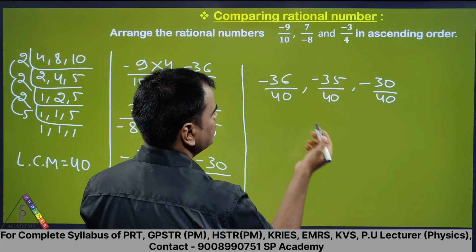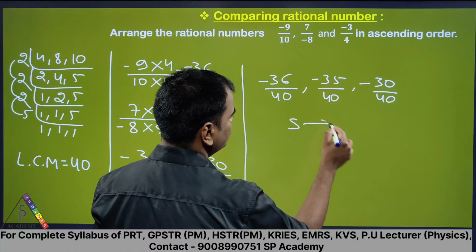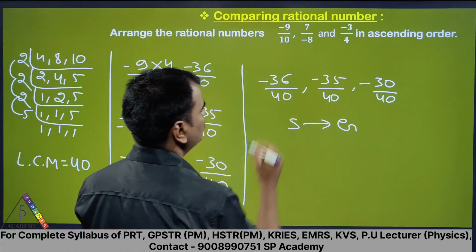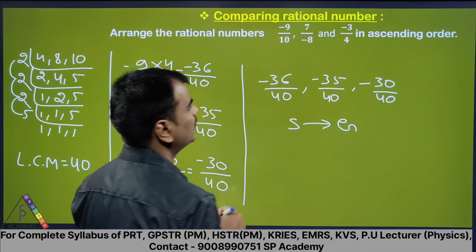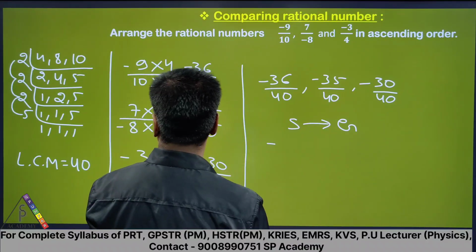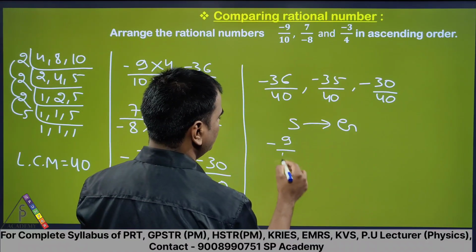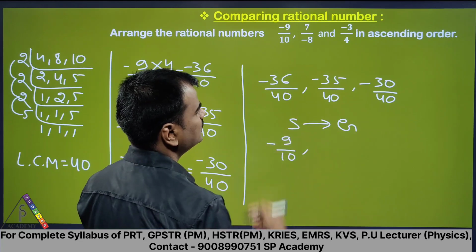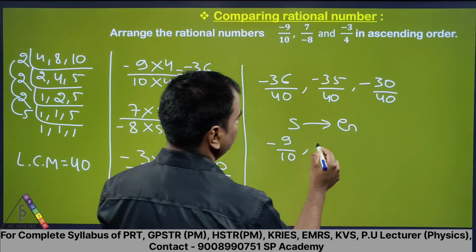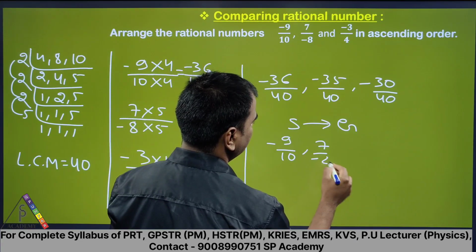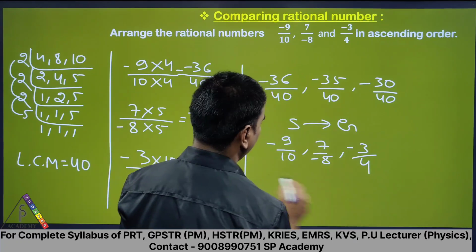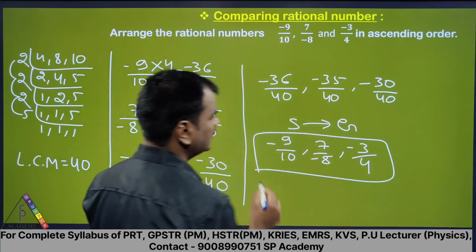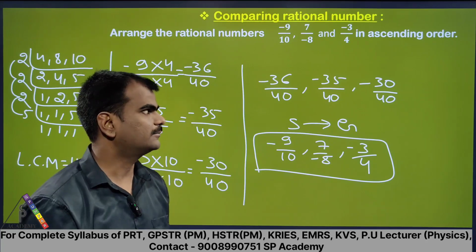In ascending order, minus 36 by 40 is the lowest number, that is minus 9 by 10. Next minus 35 by 40, that is 7 by minus 8, and minus 3 by 4. These are the rational numbers in ascending order.